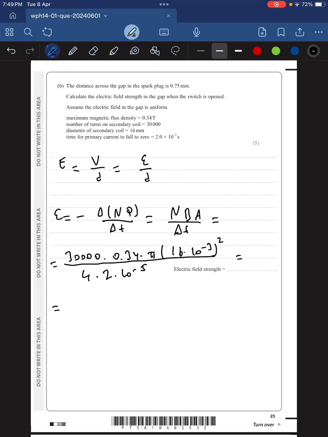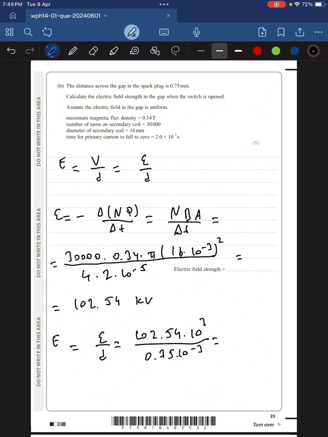So the EMF is 102.54 kilovolts, and then the electric field is this EMF over the distance, so 102.54 times 10 to the third over 0.75 times 10 to the negative 3 gives us 136.7 times 10 to the 6 volts per meter, which is the electric field strength.